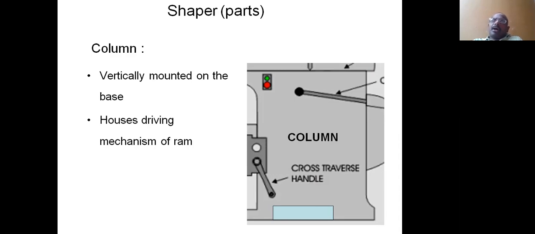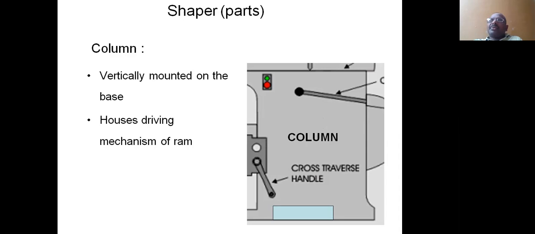So this particular column carries the driving mechanism required for the shaper, which is incorporated within it. That's why it is a large volume with internal space.